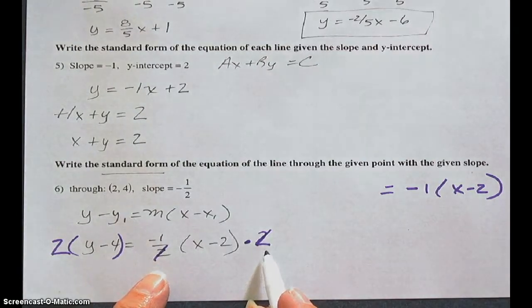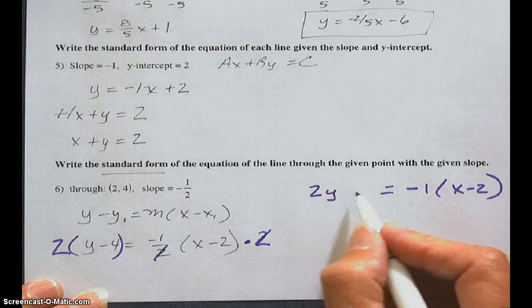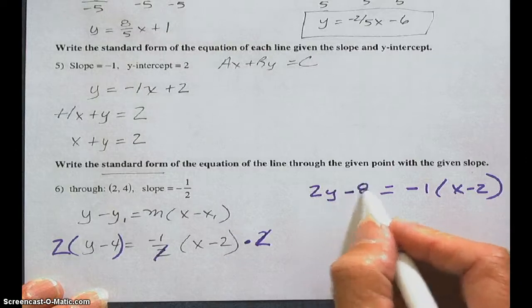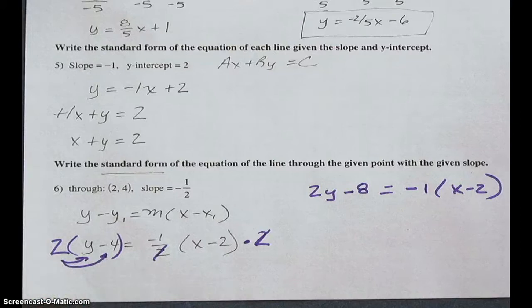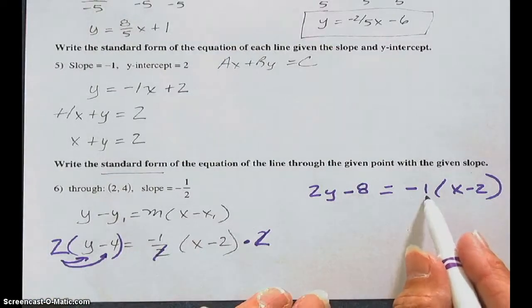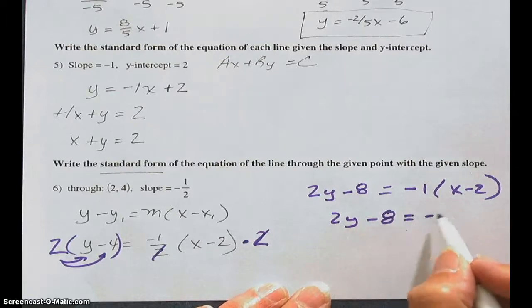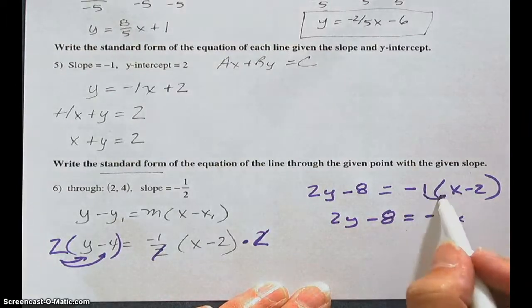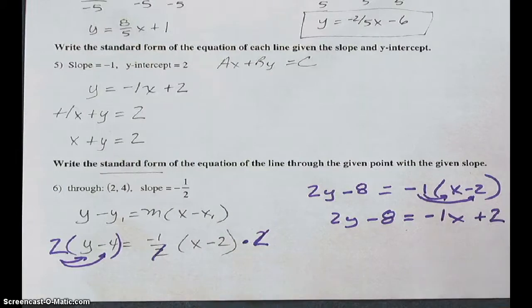But we have to multiply both sides by that 2. So on this side, we have a 2y. Make sure you distribute by a negative 8. Let's distribute through with the negative 1. So we have 2y minus 8 equals a negative 1x. A negative times a negative is a positive.